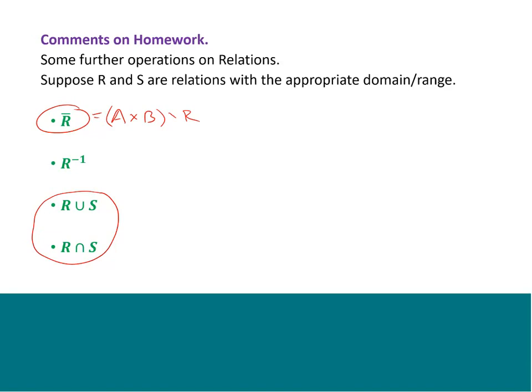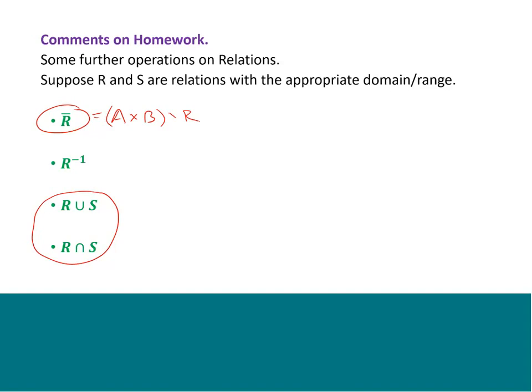Yep. So this would be exactly the same as any sets. With the union, just dump all your ordered pairs together, cross off any duplicates, and for intersection, find all of the ordered pairs that are in both of the 2 sets, or relations as sets.